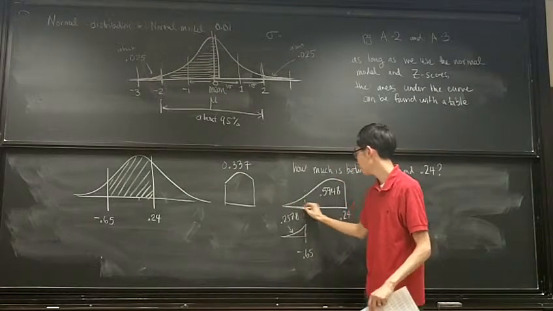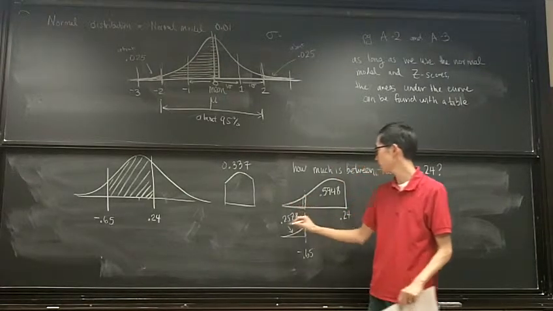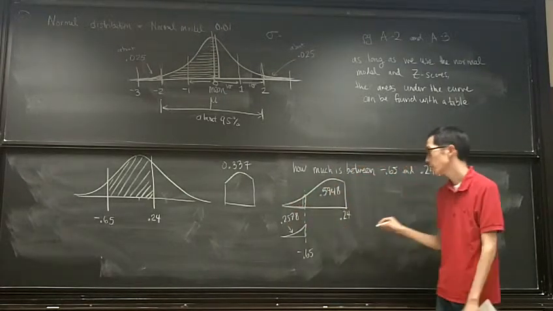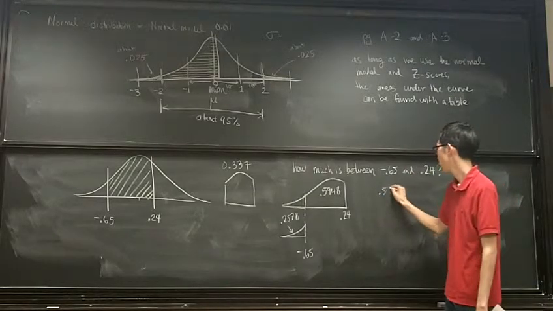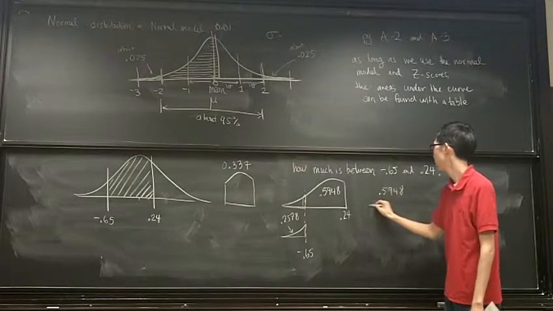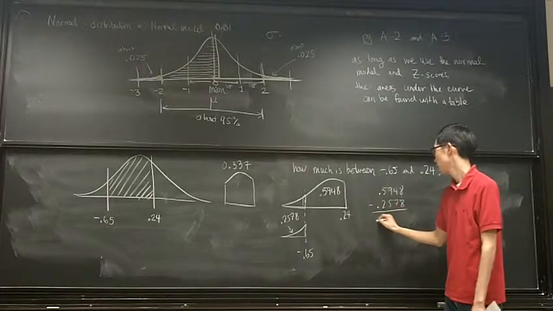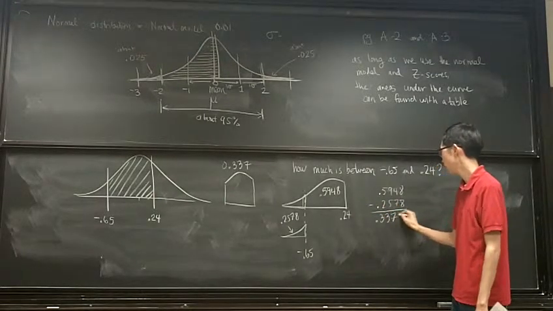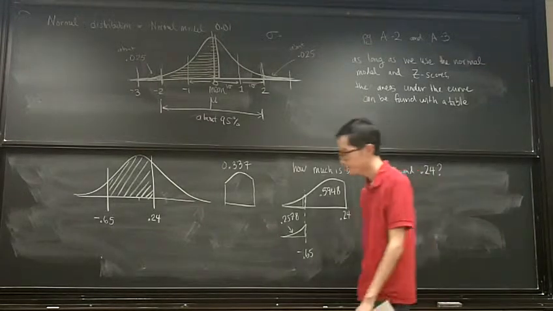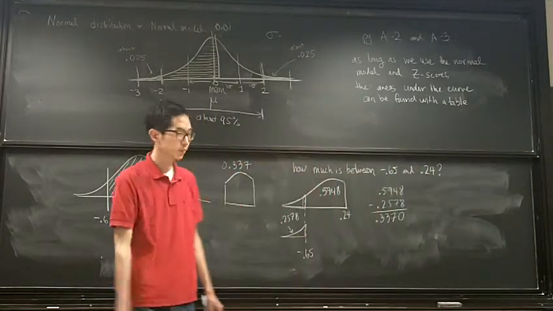So if this piece is 0.2578, and I chop that off, how much is left? 0.5948 minus 0.2578, 0.337, and that's how much is in between them.